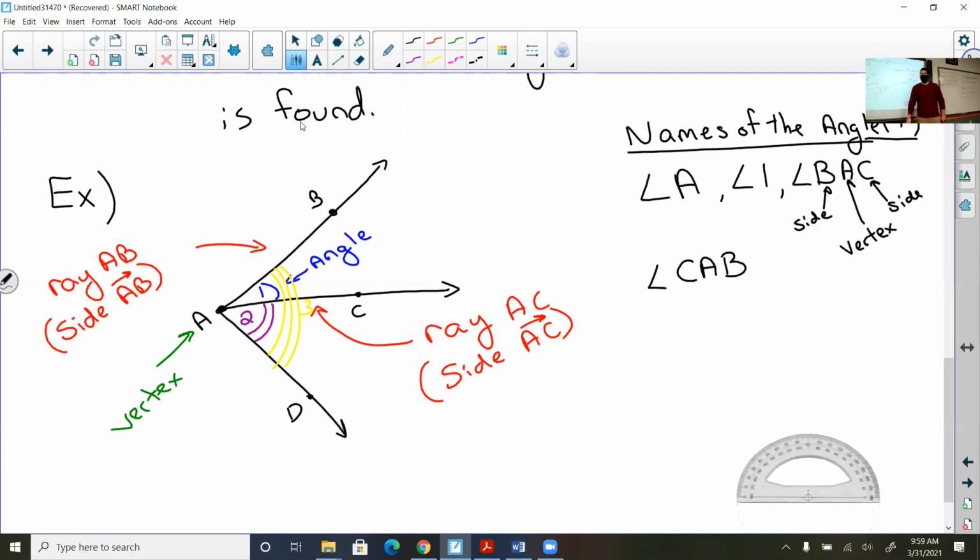I can't say that either. So the order of these letters matters, and you want to make sure that the vertex is right in the middle, because it's the 2 sides on either side that make that angle. There is some logic to that, whether you like it or not, but we always want that vertex in the middle.